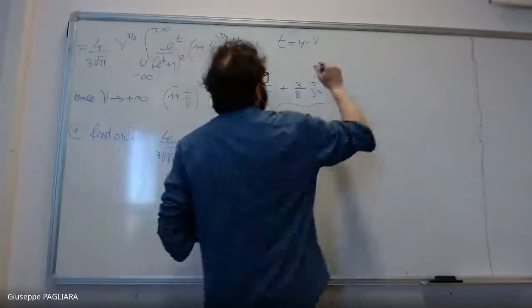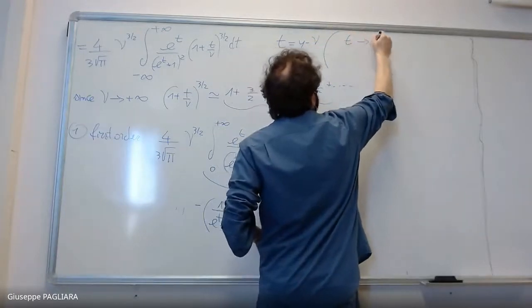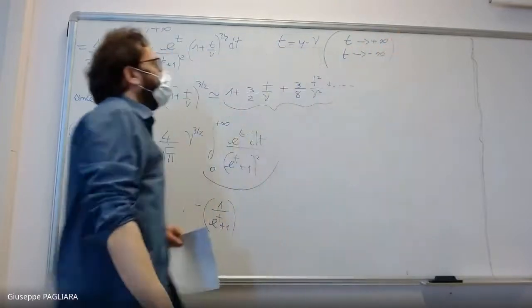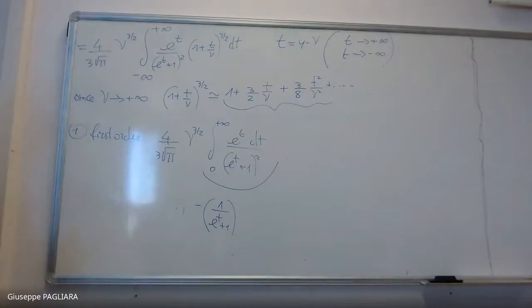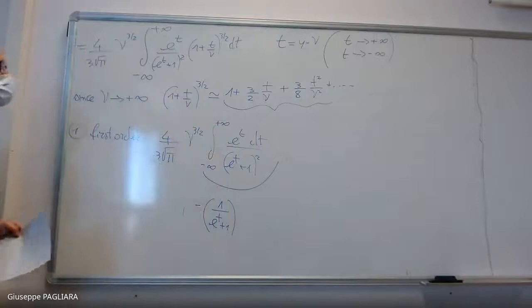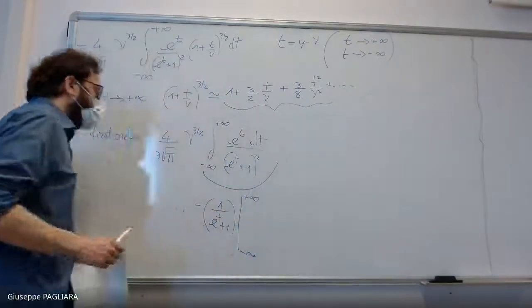It's an important trick. Sorry, I forgot to tell this. So t goes to plus infinity and to minus infinity. And so this is minus 1 divided by e to the t plus 1, and this must be computed from minus infinity to plus infinity.